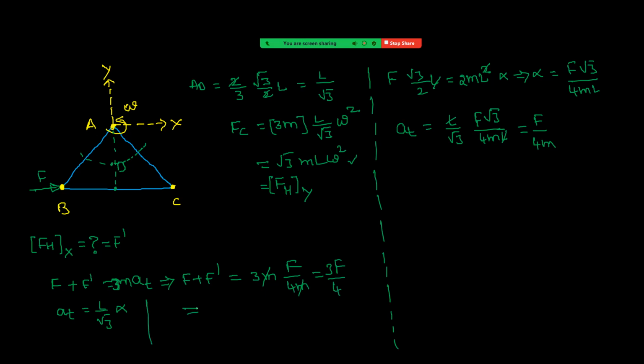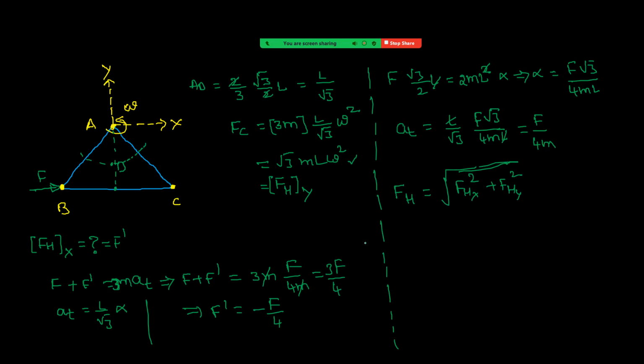That implies F dash equals minus F by 4. And why we got minus means its meaning is the hinge reaction is along the negative x-axis. Means the x component is along negative x-axis, and its value is F by 4, modulus value. Therefore, the hinge reaction, if you want the modulus value, is the square root of the sum of the square of the x component and the square of the y component.